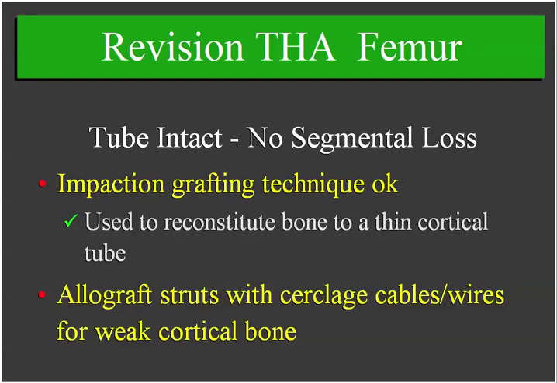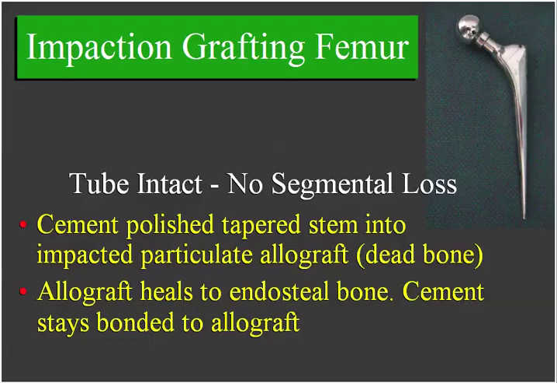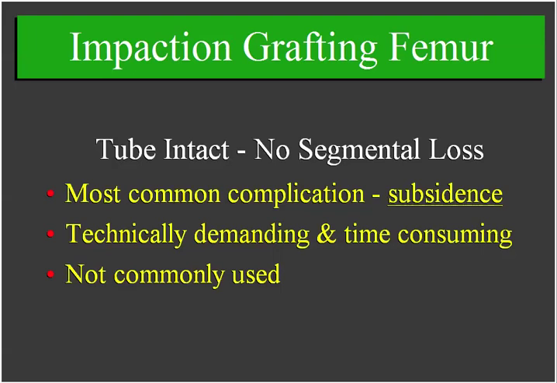And if you have any deficiencies, you can use cerclage cables and wires for the weak cortical bone. And what you do is you cement this polished tapered stem into the particulate allograft, which is basically dead bone, and the allograft is supposed to heal to the endosteal bone, which happens a lot, but not always, and the cemented stem stays bonded to the allograft. It's a little bit of a leap of faith, but it does work.